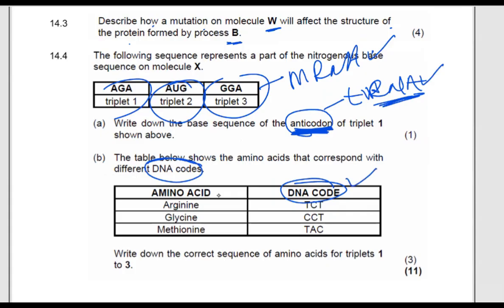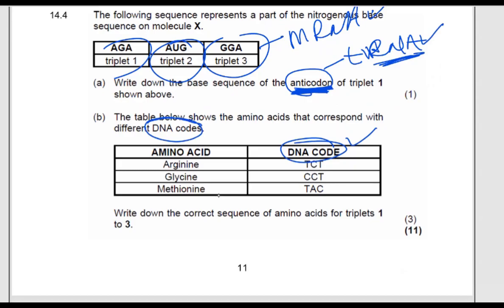What are they talking about in the question? Write down the correct sequence of amino acids. They are saying amino acid for triplet number 1 to number 3.